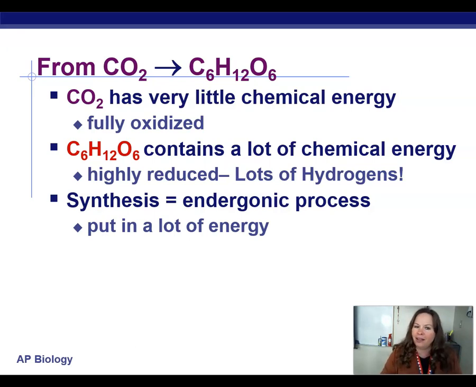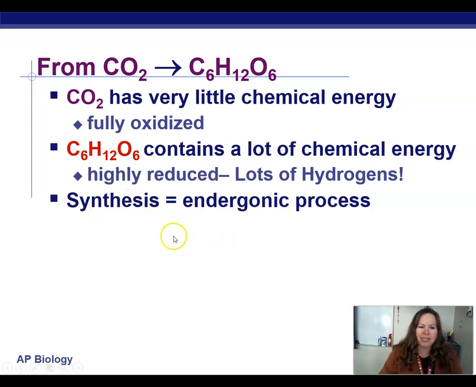We know how valuable those hydrogens are with their proton and electron. You can do a lot of work with protons and electrons, right? Because protons can be used to run through ATP synthase to generate ATP, and electrons are really good at running electron transport chains. And so C6H12O6 with all those H's in there has a lot of potential chemical energy to it.